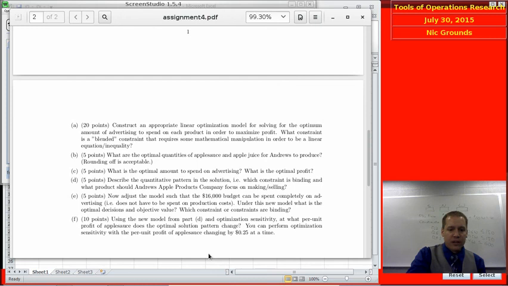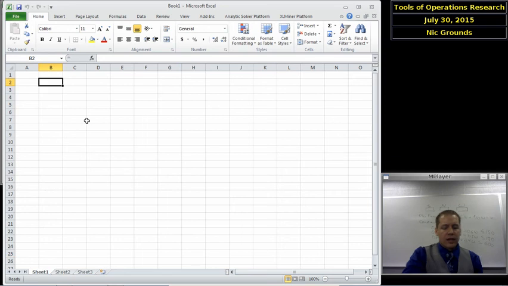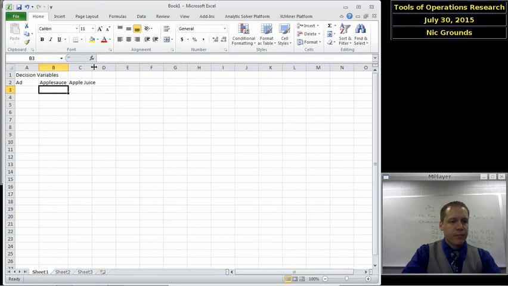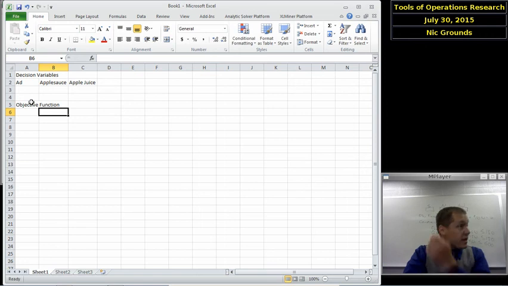So let's do a little bit of this one anyway by hand. Decision variables are the advertising dollars to spend on applesauce and apple juice. The objective function is going to be based on how many we sell.